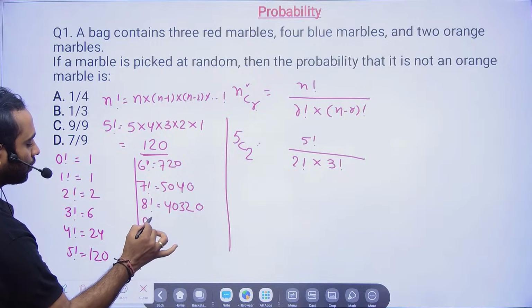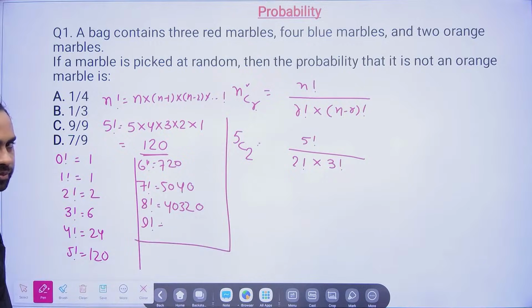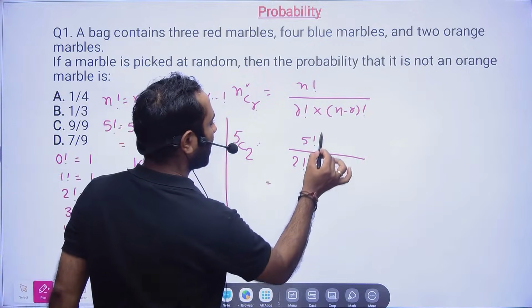After that I also don't know, but at least till 9 factorial we should be able to keep that in mind.